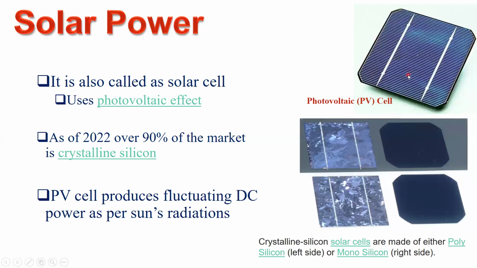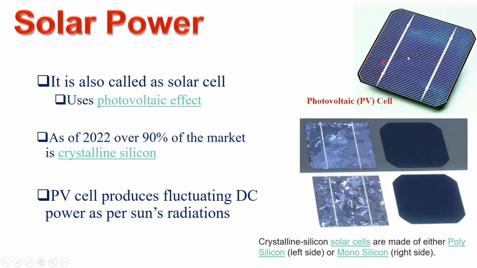So when you talk about a solar cell, its basic material is crystalline silicon. Now there are two types of crystalline silicon. Here in this picture on the right, you've got the crystalline silicon solar cell made of monosilicon, that is a single silicon piece. And here on the left, you've got the crystalline silicon solar cell made of polysilicon. So this is monosilicon material, this is polysilicon material.